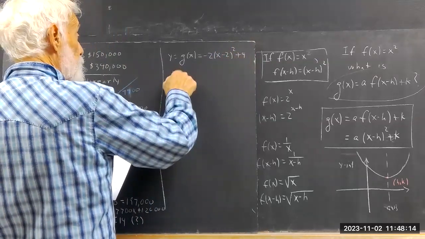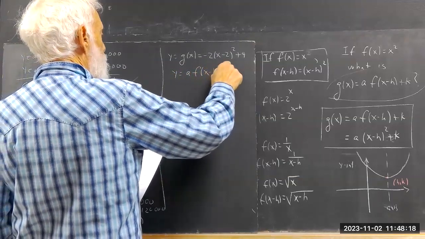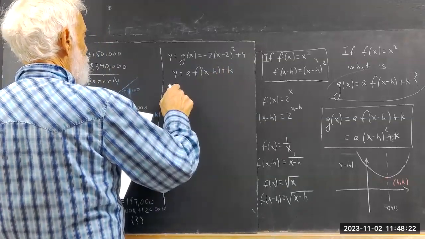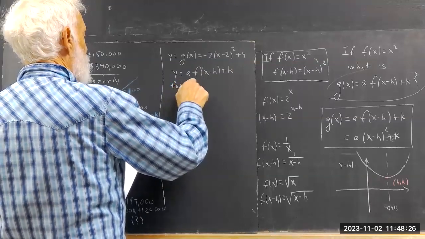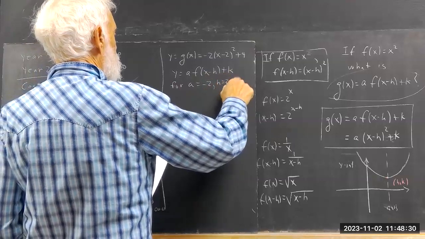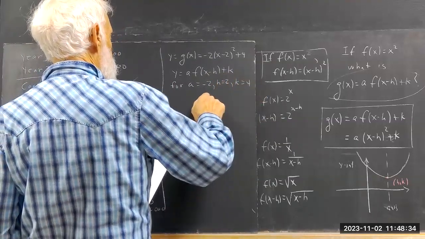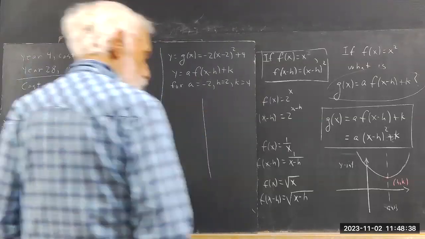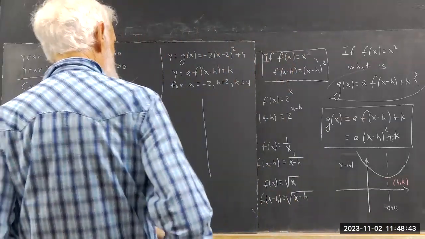This is y equals a f of x minus h plus k, where a equals -2, h equals 2, k equals 4. So we start with the toolkit function. No, not very vertical, with the width of it.